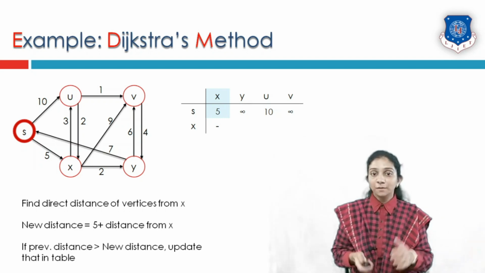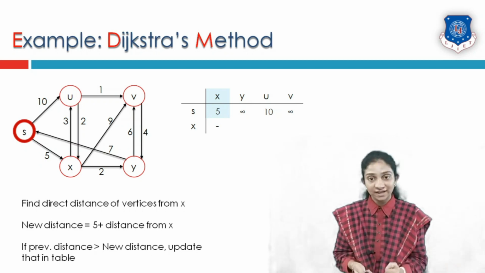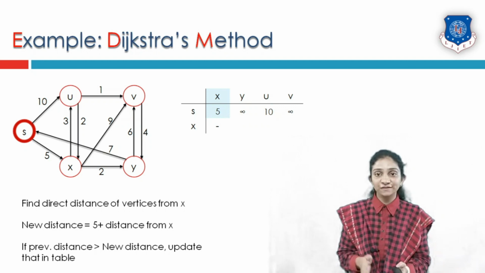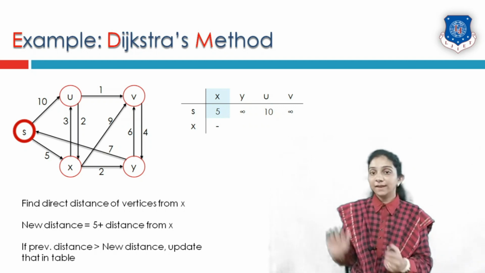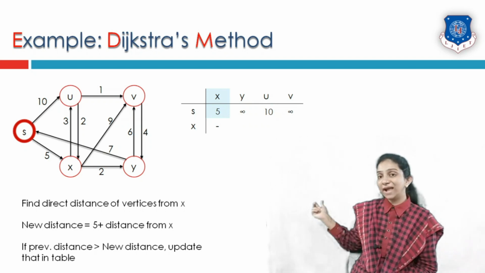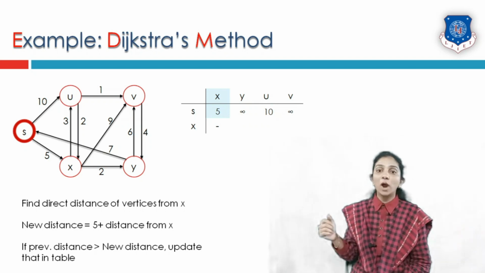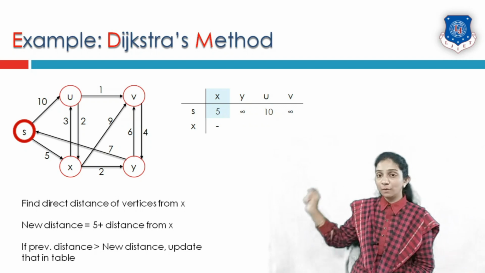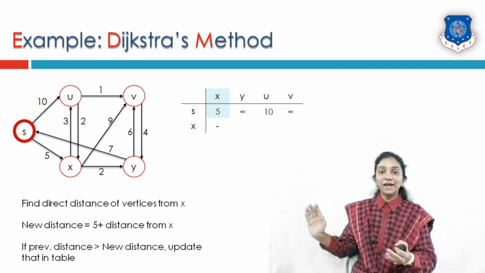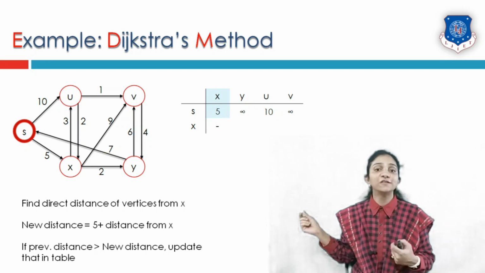If the previous distance is greater than the new distance, then only we are going to update that distance in the table. Now from here, you first have to find out the value in cell X comma Y, that is the distance from X to Y. In the graph you can see that the distance from X to Y is 2.